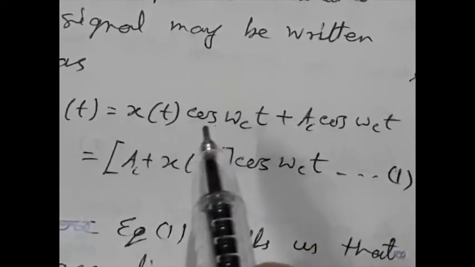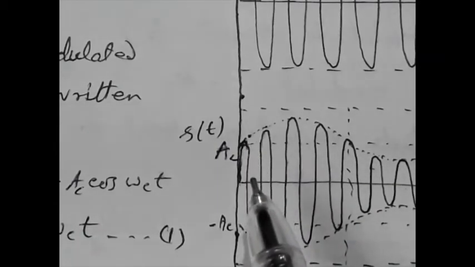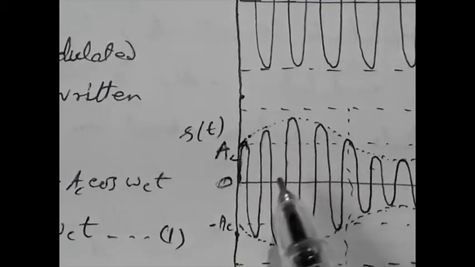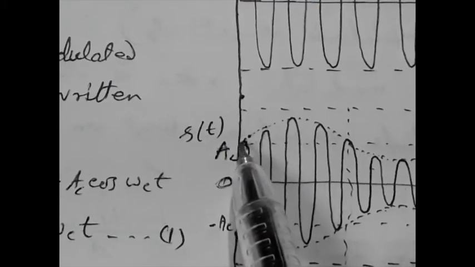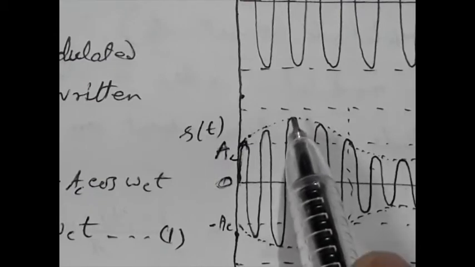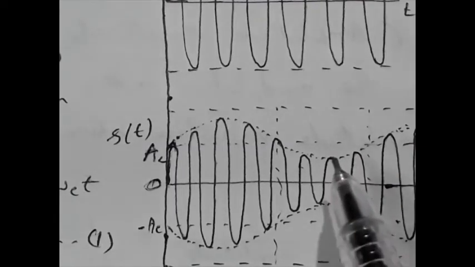This x(t) cos ω_c t is producing the variation, and A_c cos ω_c t is the original carrier amplitude. That means about this A_c the amplitude will vary depending on the baseband signal x(t). So when x(t) increases, the amplitude of the modulated signal will also increase, and when x(t) decreases, the amplitude of the modulated signal would decrease.